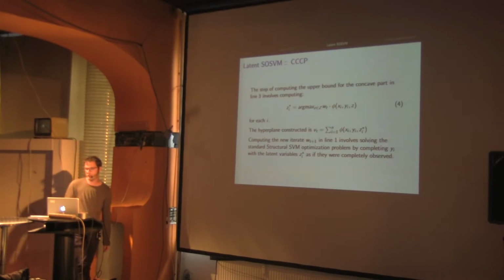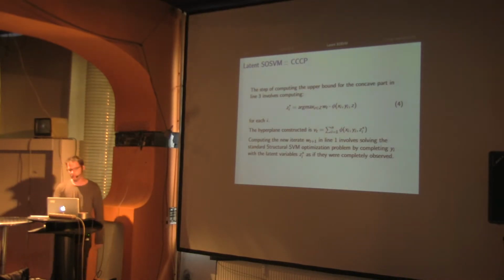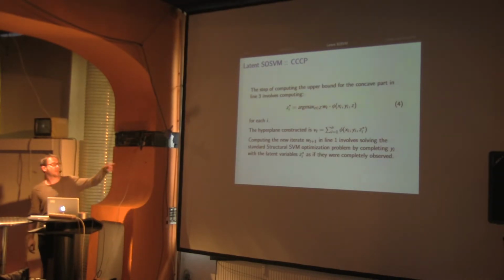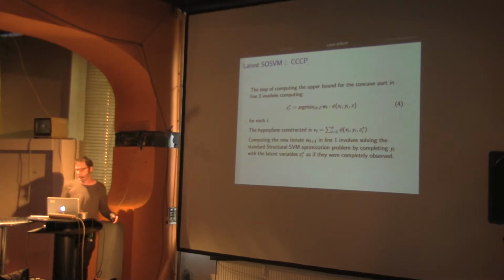You have to find the most optimal Z at the moment with the given W_t, and then you construct this V, and with it you can construct the next step, where you basically solve just a simple structural SVM.